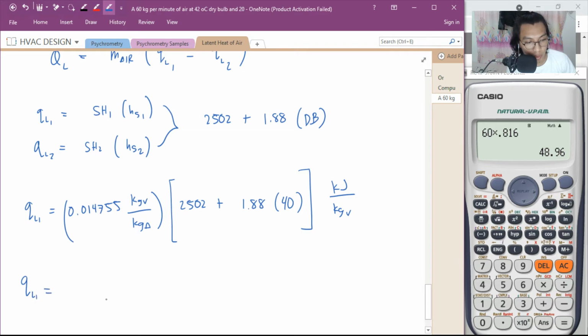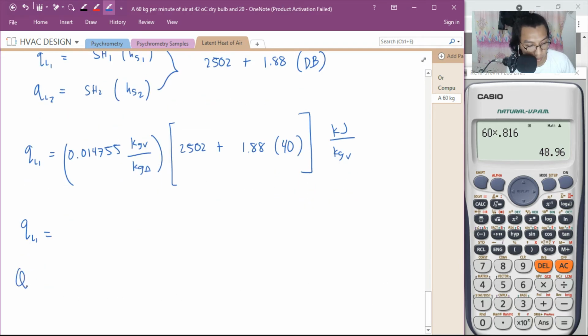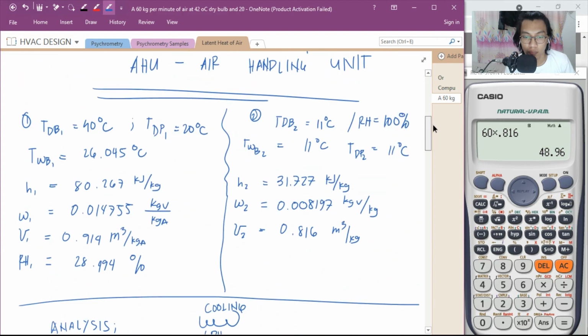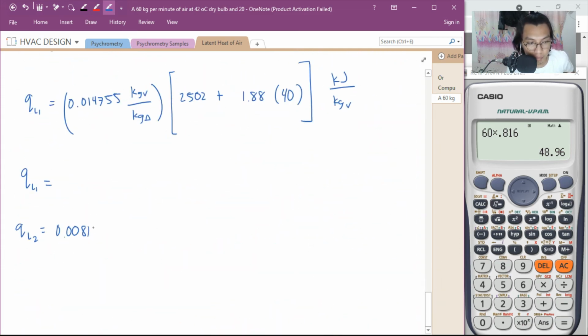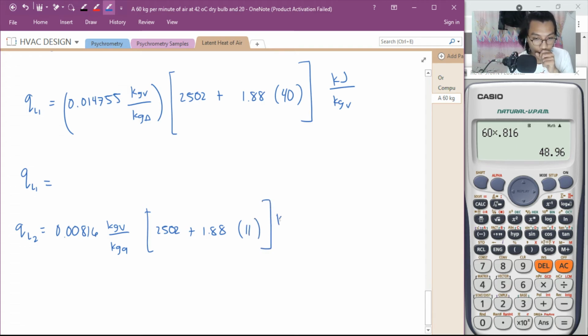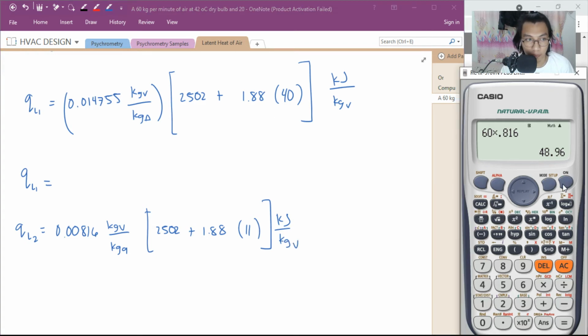Yung QL2, sunod natin, 0.00816 kilogram vapor per kilogram air. 2502 plus 1.88 times ano yung dry bulb niya? Saturated. So, 11 kilojoule per kilogram vapor.